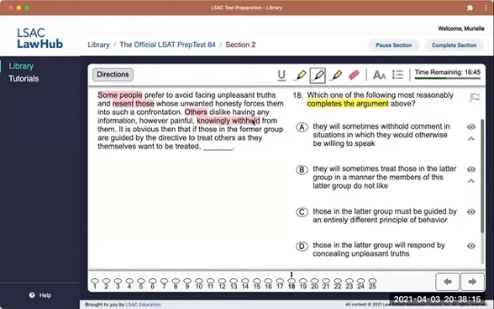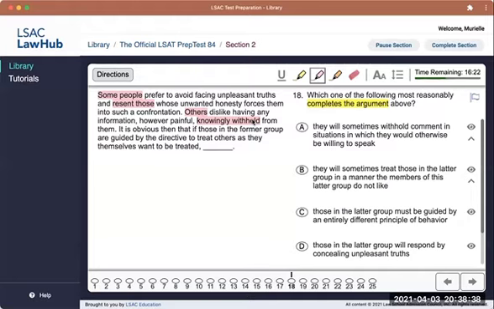So this is one thing to note right away. We've got some people and we've got other people. Those are not two groups that encompass every single person necessarily, right?